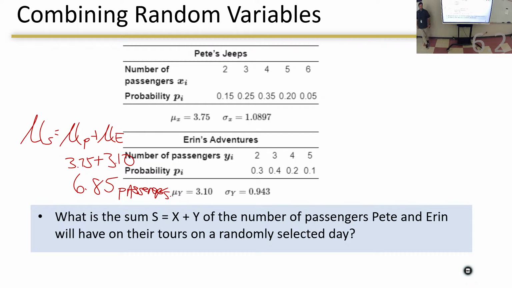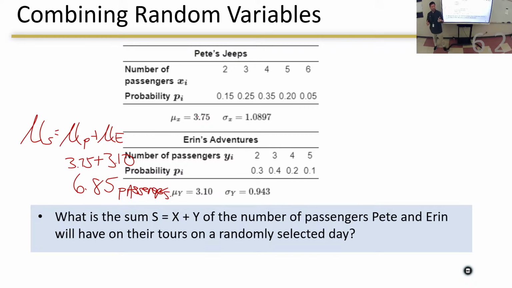Okay with that? If I wanted to know how many more on average Pete gets, I would just subtract those two and realize that Pete gets 0.65 more passengers. Do understand that sometimes you might get a negative. If I subtracted Pete from Erin, you would get negative 0.65.